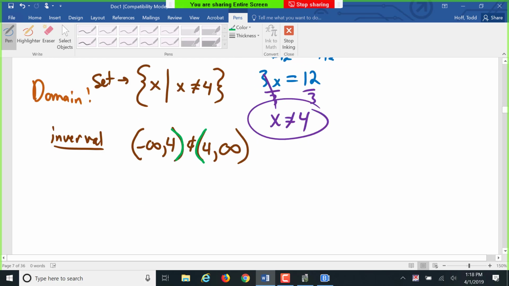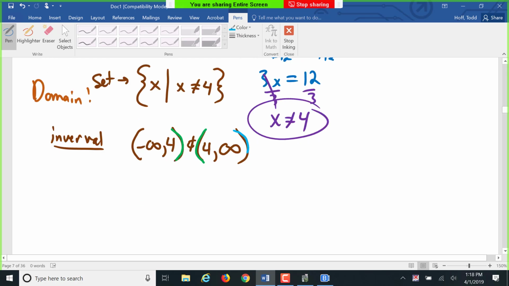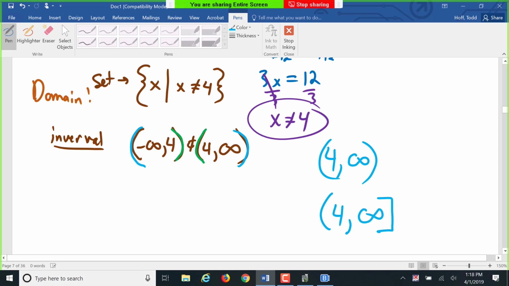A little side note, you'll notice that on infinity here, I used a round bracket, and up above, when it was infinity, I used a round bracket. Because, is there a difference between this and that?